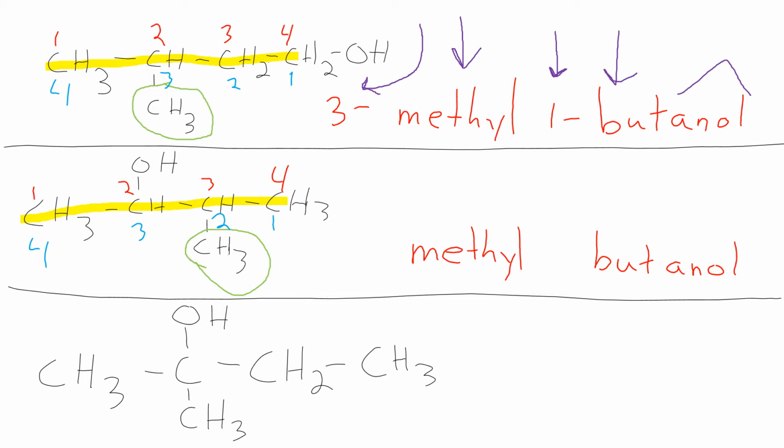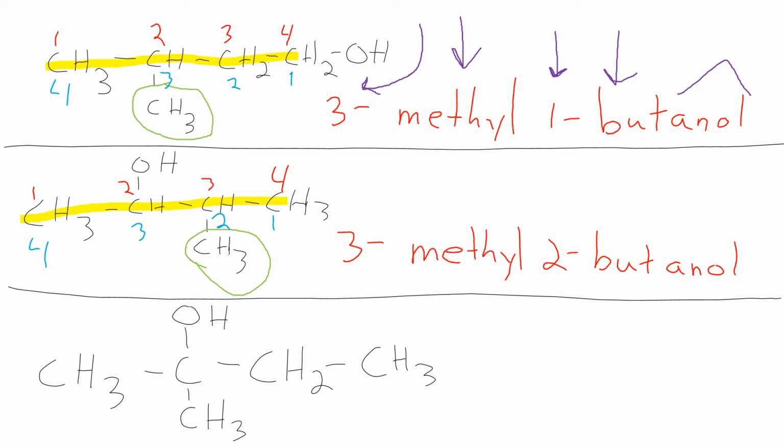In the red numbering system, it's on position 2. In the blue numbering system, it's on position 3. That means we would have to use the red numbering system. So that puts the alcohol at position 2, and we would use a 2 to describe the position of the alcohol. That puts the branch at position 3. So we'd be looking at our name of 3-methyl-2-butanol.